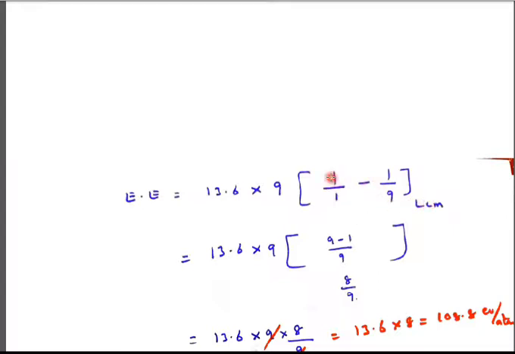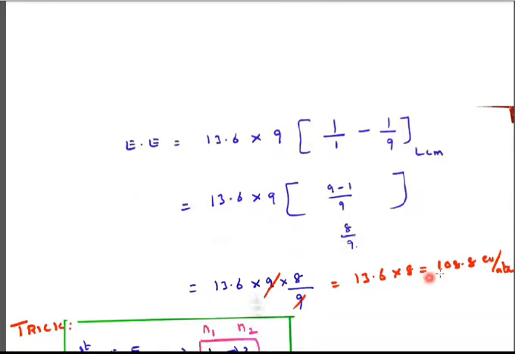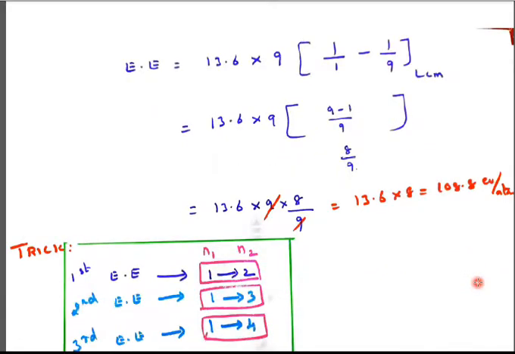The LCM is 9. 9 minus 1 by 9, that is 8 by 9. So this 9 and this 9 get cancelled. So 13.6 into 8, we are getting 108.8 electron volt per atom.